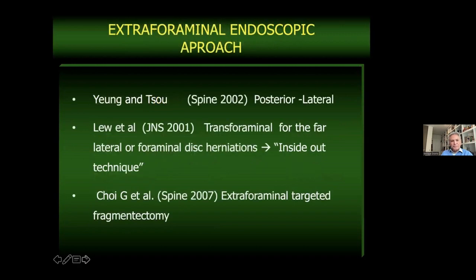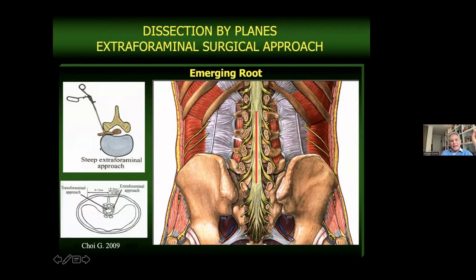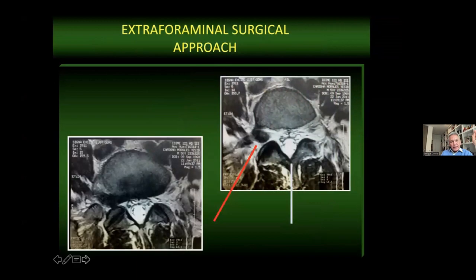And for the extraforaminal hernias, we use the technique of Choi, that is a transforaminal targeted fragmentectomy. We go directly to the fragment of the disc. And for that reason, we enter 5 to 8 centimeters from the midline and go directly to the fragment.